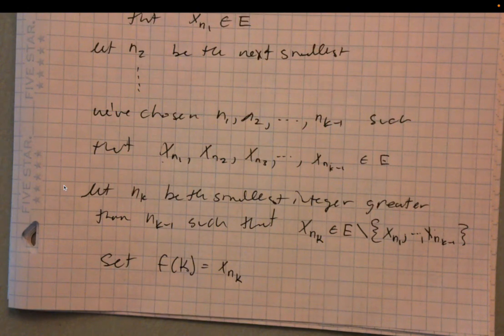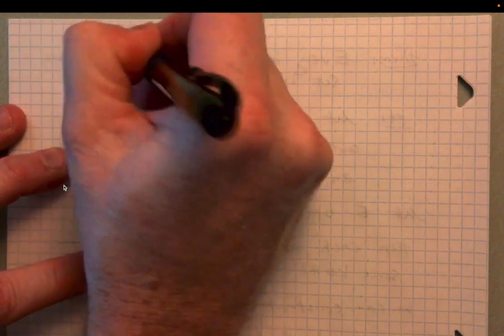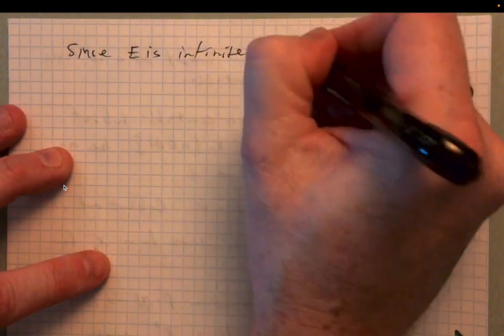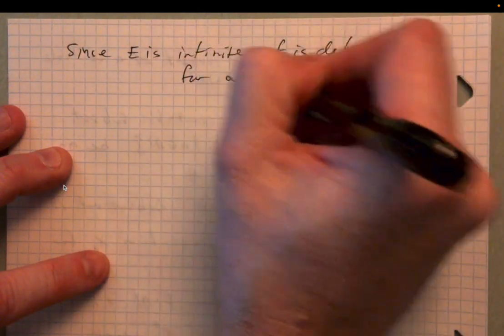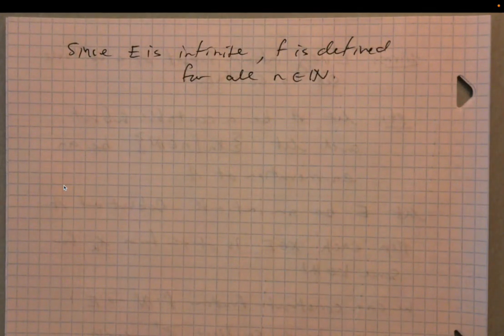Okay, so let's formalize that piece of the argument. What do we mean here? Well, since E is infinite, f is defined for all n in N, right? So there is going to be a 1,000,001st element of E. We could just keep going forever and ever.